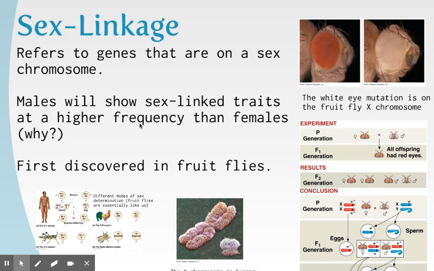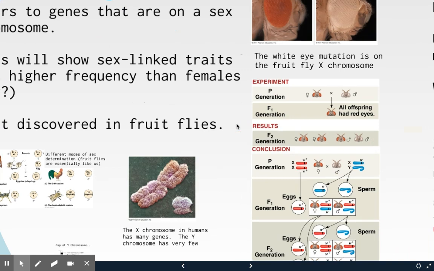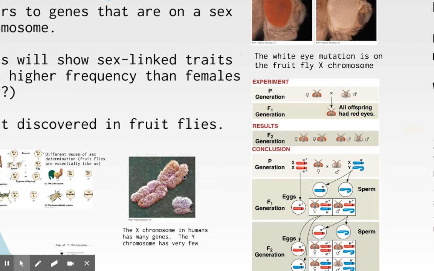Is it possible for a female to have pattern baldness and colorblindness? Yes. Is it likely? No. The reason is, for a woman to have colorblindness, if it's carried on the X chromosome, so the colorblind allele is here, I would have to inherit it from my mother and from my father, because I have an X and an X chromosome.